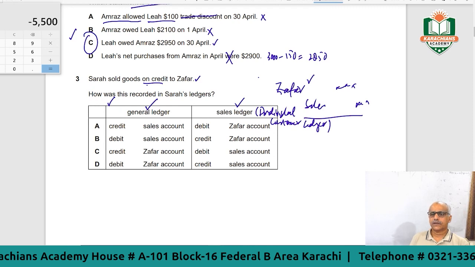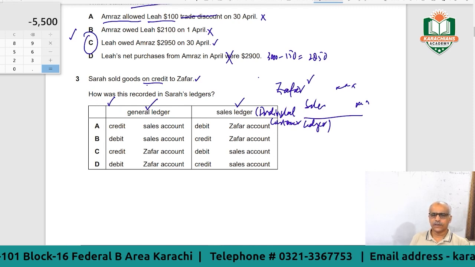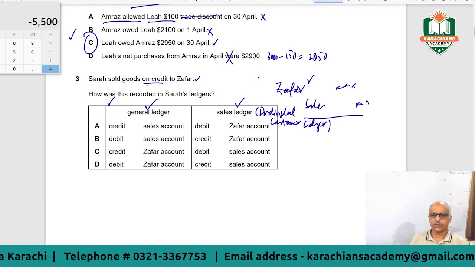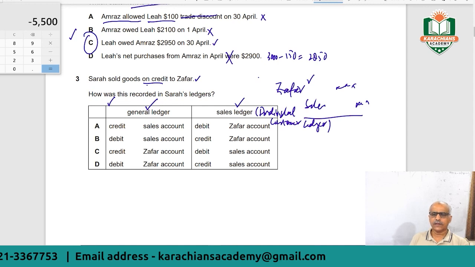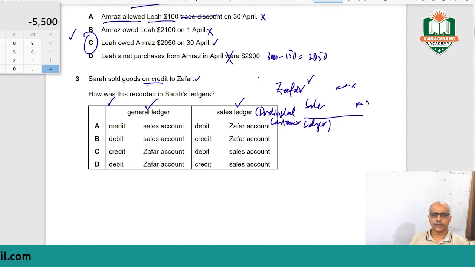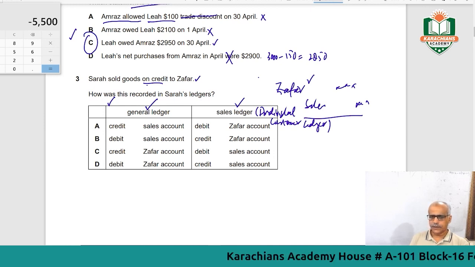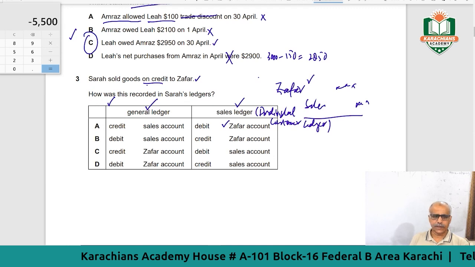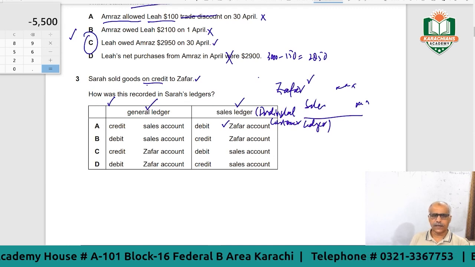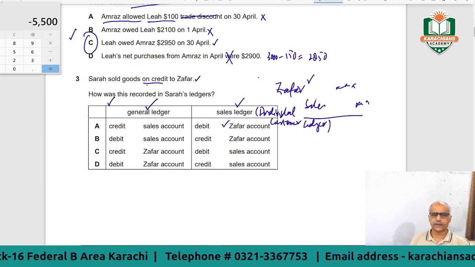He is in the sales ledger, Zafar's account. So in the sales ledger, in the individual ledger, she will debit Zafar's account. This is right. And credit the general ledger sales account.